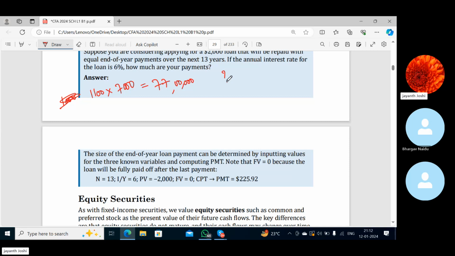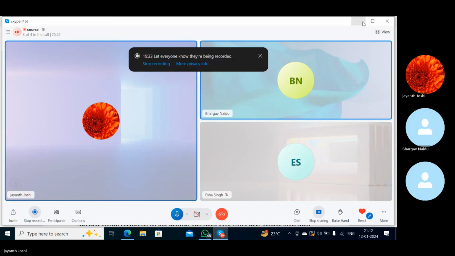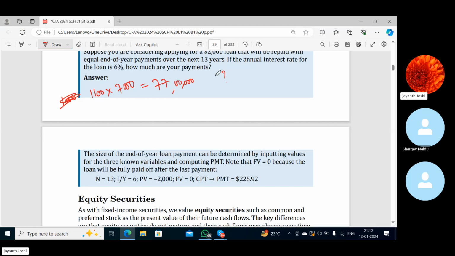Why are you people not answering my questions? Yes, 77 lakhs. Bhargav, are you calculating? Yes, sir. So 77 lakhs, just a second. So 77 lakhs is the price of the apartment.